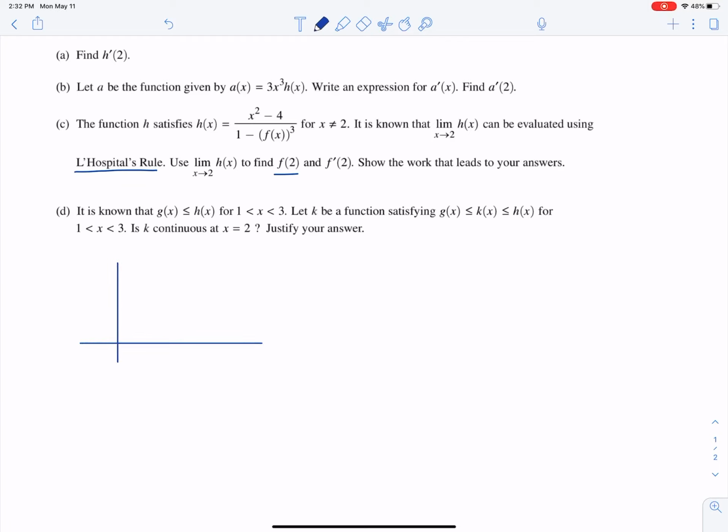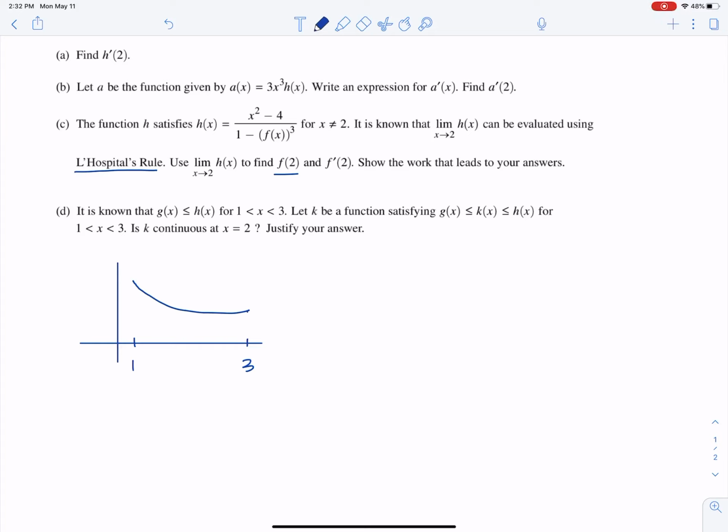So we know that g of x is less than or equal to h of x from 1 to 3. Let's draw this out. Say this is g of x, and h of x is going to be above it.